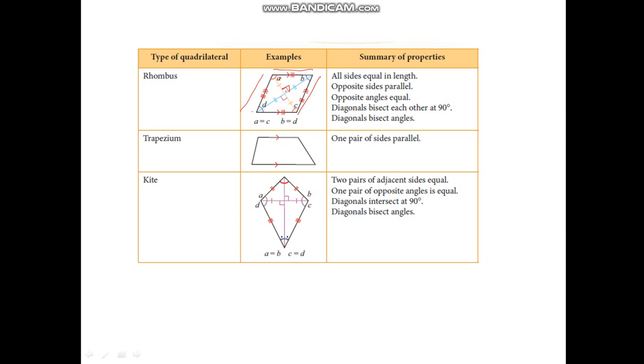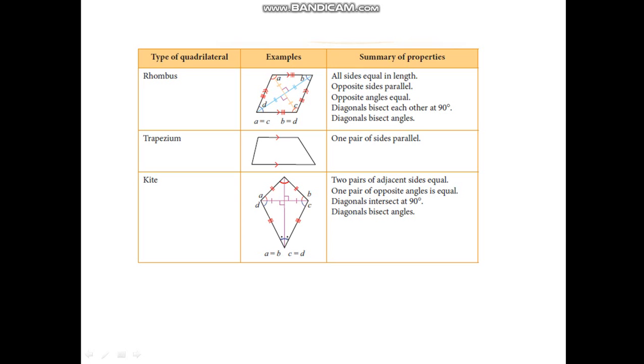What is a trapezoid? It has four sides. One pair of sides is parallel. Maybe these two lines are parallel, and sometimes these two vertical lines are parallel, but in this figure the two horizontal lines are parallel. And what about a kite? A kite has two pairs of adjacent sides equal.